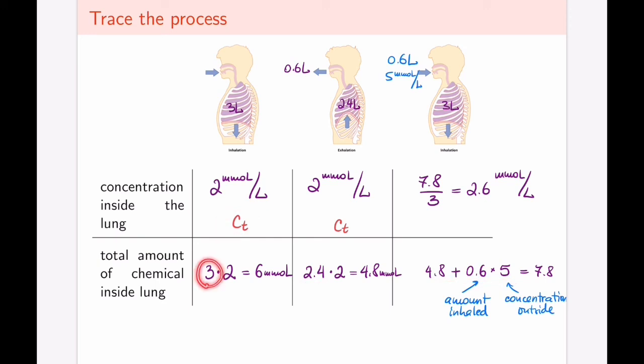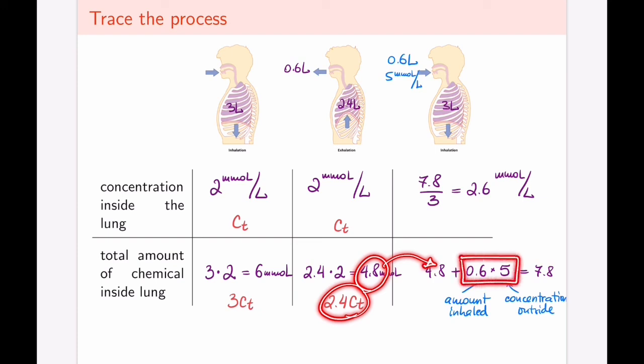The first thing here is all we did was multiply by 3 because that was the volume of the lung. All we did here was multiply by 2.4 because that was the volume of the lung on the exhale. What happened here is we've inherited this number, this 4.8, and this actually stays constant. 0.6 times 5, the amount inhaled and the concentration outside, do not change.